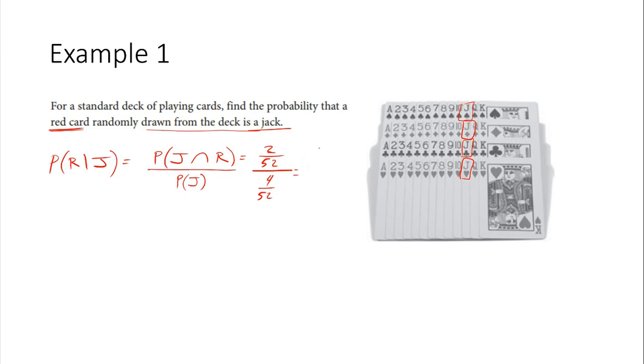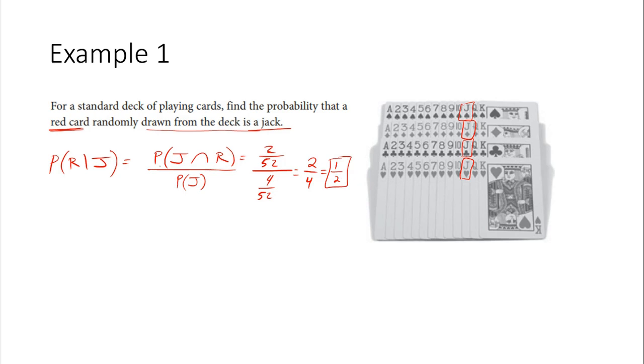So ultimately, you'll get the 52s to cancel out. You can multiply both the numerator and denominator by 52, and they'll cancel. You'll get 2 over 4, reduce, always reduce. And that's a 1 out of 2 chance, or 50% chance.